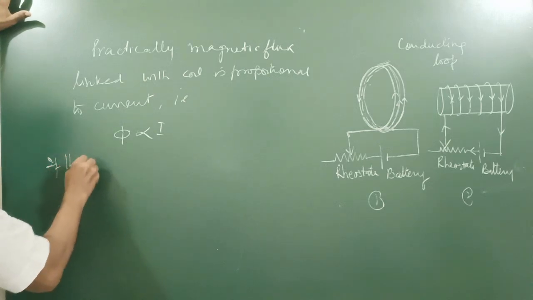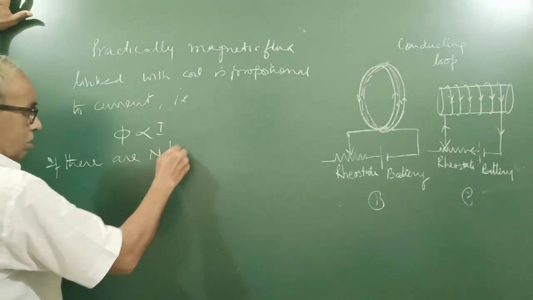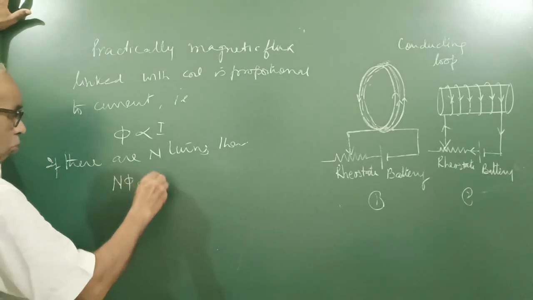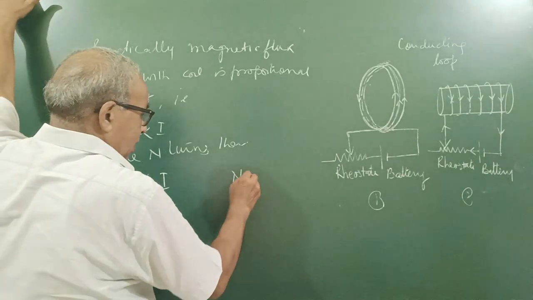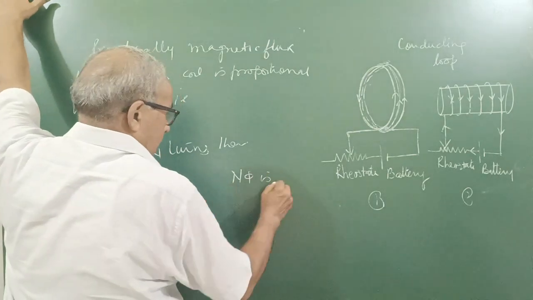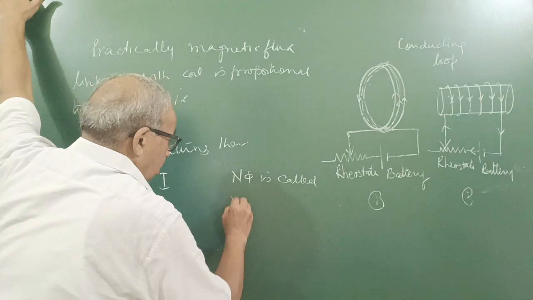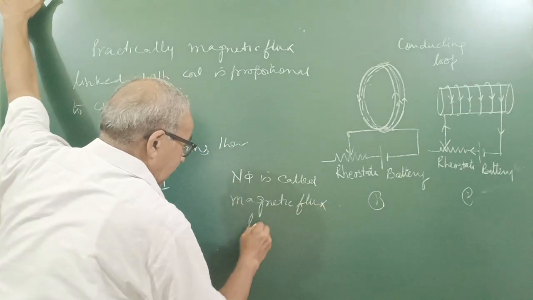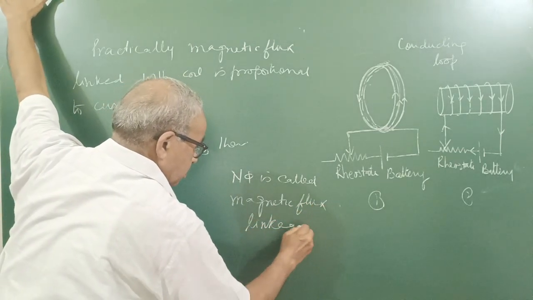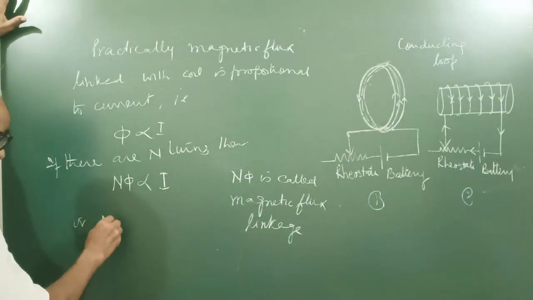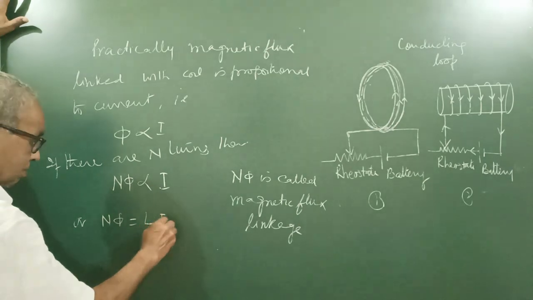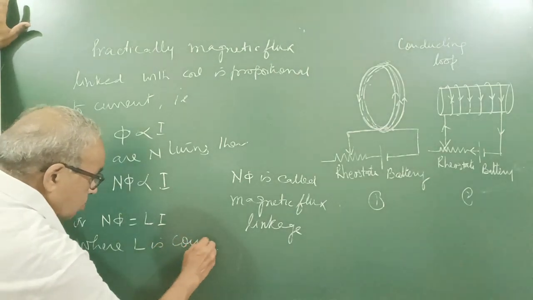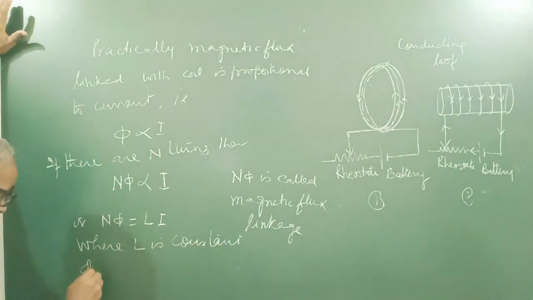If there are capital N turns, then N phi is proportional to I. Here N phi is called magnetic flux linkage, or we can write N phi equal to L I, where L is the constant of proportionality.